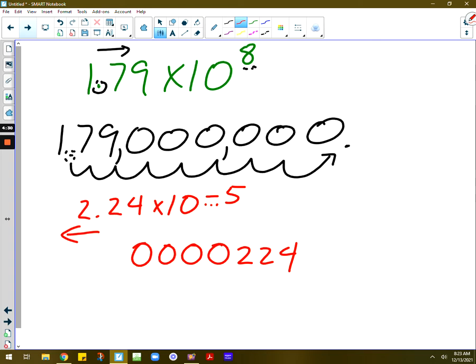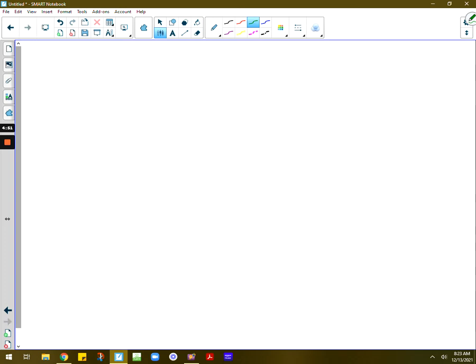I'm not sure exactly how many yet, but I know I'm starting with a decimal right here. So I'm going to jump it 5 places. 1, 2, 3, 4, 5. So it comes out to 0.0000224.